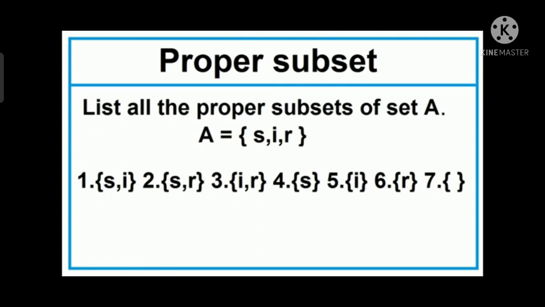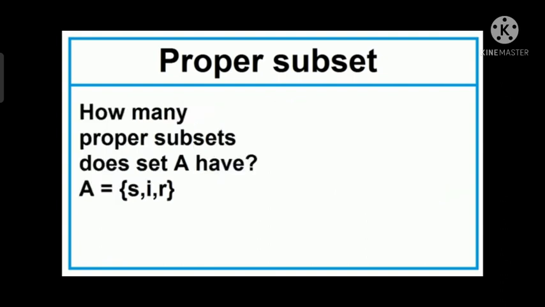Sets 1, 2, 3 have 2 elements. Sets 4, 5, 6 have 1 element. And number 7 is an empty set. The set itself is not a proper subset of set A. How many proper subsets does set A have?